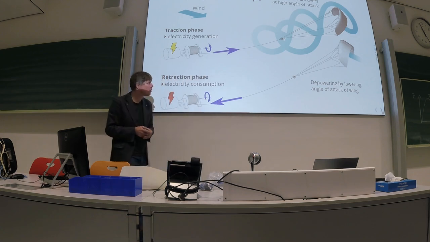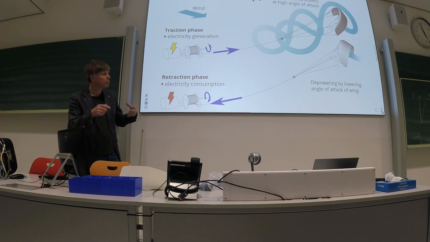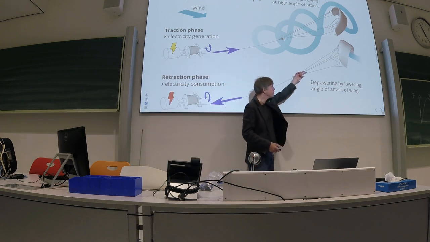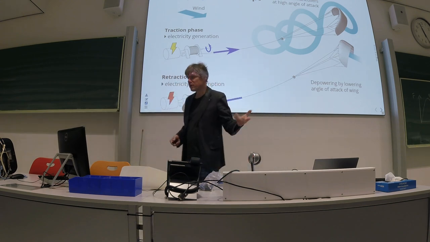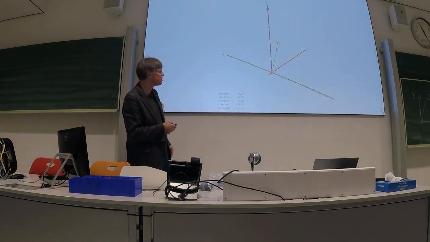What we already built in very early, before SkySails to our knowledge, is the capability to depower the wing with this kite control unit, meaning we could pitch the entire wing down by reeling out the two rear steering lines, and this way the kite would tilt. You will see this later.